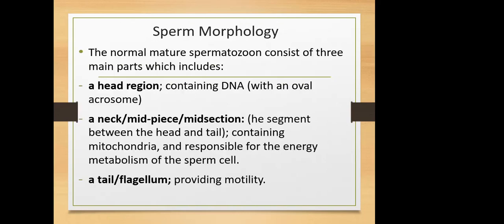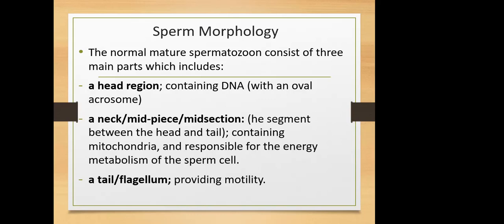Right. So we're looking at the normalities. So you look at the sperm from the morphology, you're looking at the normal one. So the normal mature spermatozoa, and for this matter, when we are dealing with one spermatozoon, it consists of three main parts, which include, and we know this already, the head, the neck, and then the tail.